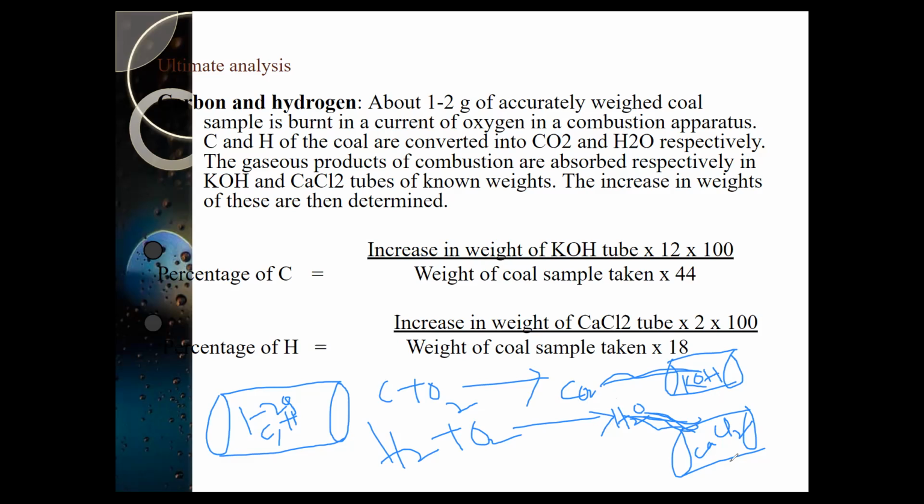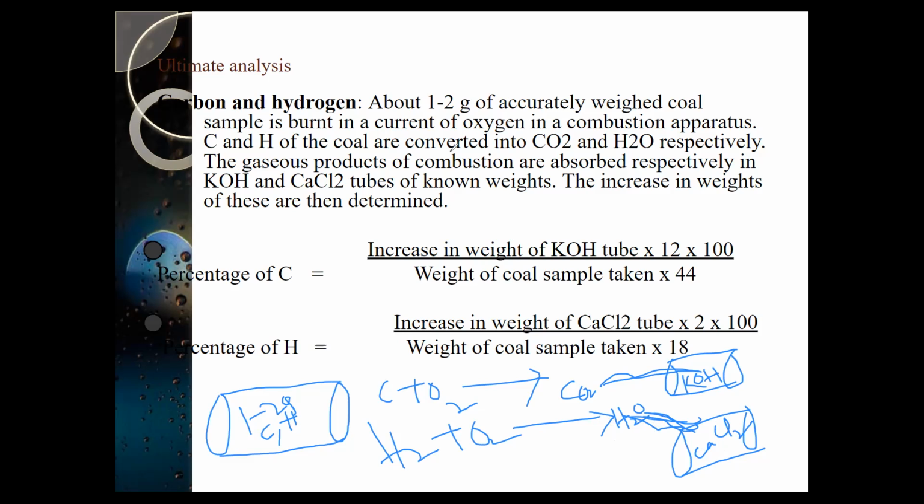When the calcium chloride absorbs the water, its weight also increases, just like the potassium hydroxide. So by the increase in the weight of calcium chloride, we can find the percentage of hydrogen from the water amount. So let us see how to find out the percentage of carbon and percentage of hydrogen.